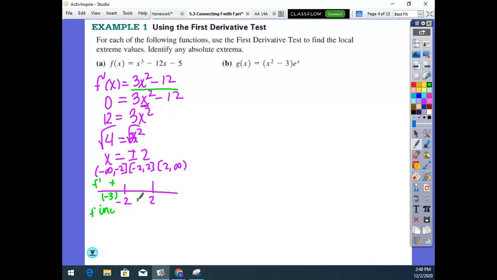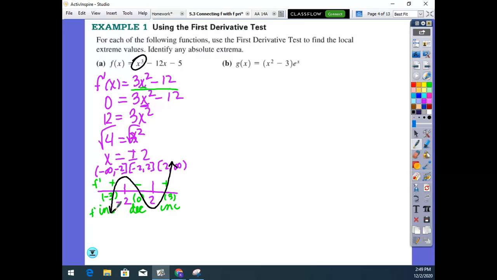Then we have 0 is the best choice between -2 and 2. Plug 0 in, it's negative. F is decreasing. And +3, plug it in, positive, increasing. All right, so if we put a little graph here, and we know x to the third, this makes sense. It's increasing, 0 slope, decreasing, 0 slope, increasing.